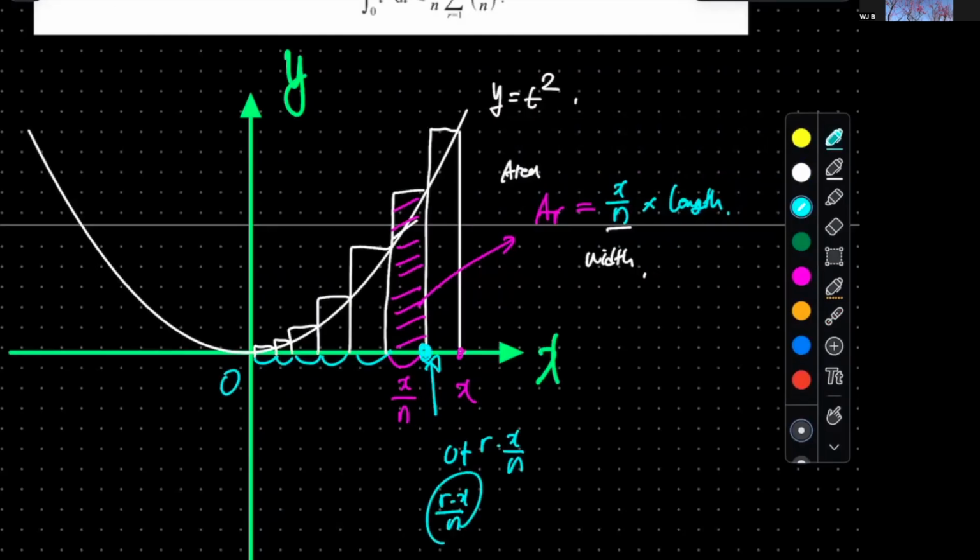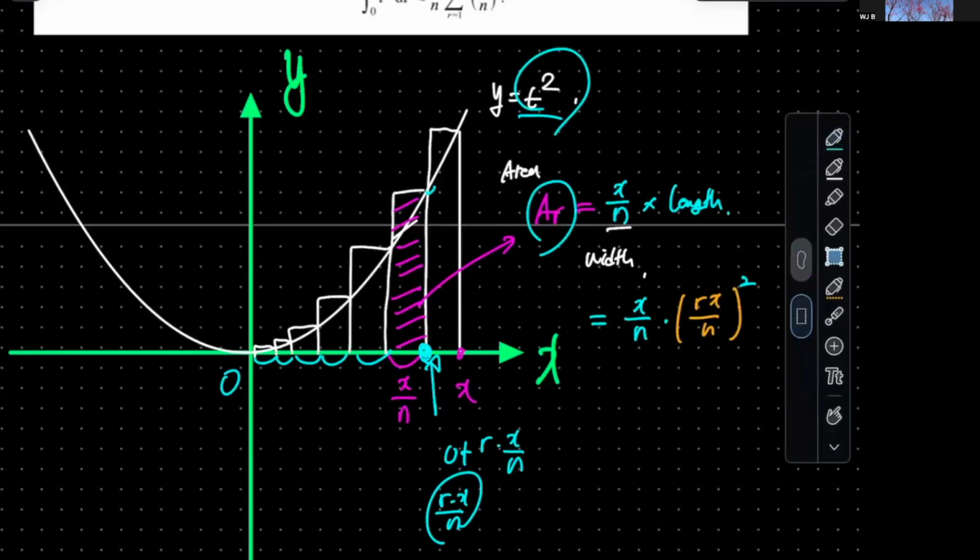That I'm going to put into my function. That will give you the width, which is always the same, times the length, described by the function, which is (rx over n) squared, because it's a square function. So that is the rth rectangle. But how many of them do we have? Because I split up n times, I should have n rectangles.